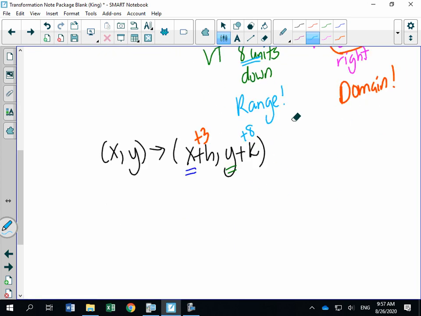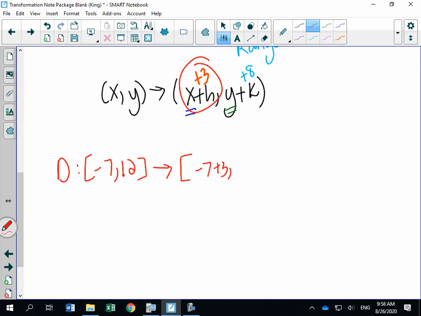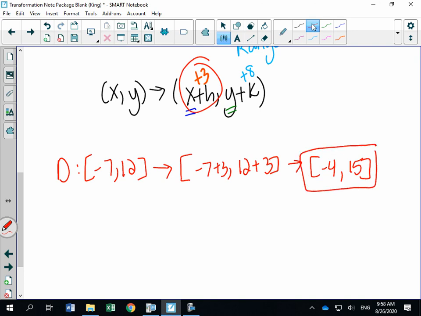So let's write our original domain, -7 to 12, and to each x value I need to add 3. -7 plus 3, 12 plus 3. Therefore, my new domain, -7 plus 3 is -4, and 12 plus 3 is 15. That is my transformed domain.